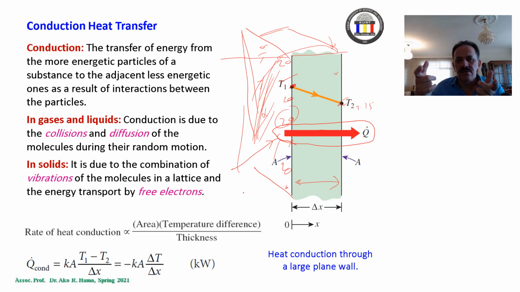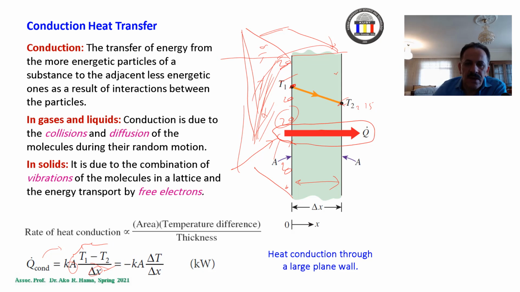Also, it depends on the area, a higher or a smaller area. So the heat conduction will depend on this area, and it increases proportionally with the area and inversely with delta X. Now the last thing that remains is delta T. So how much is delta T?